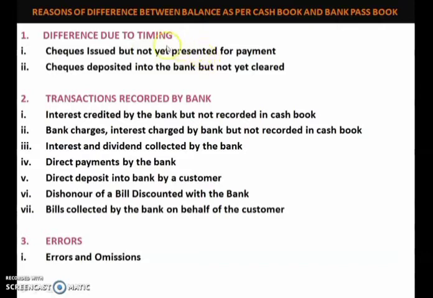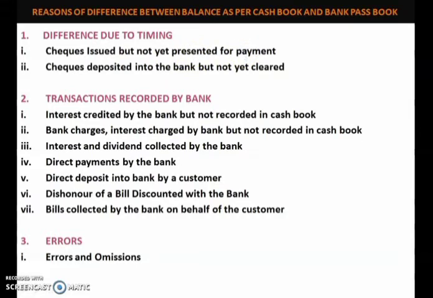So what happened? When we issued this check to a creditor, we have recorded the same in our cash book, stating in the payment side that we have issued a check to our creditor, but the creditor didn't go to the bank and present the check so that he will get the payment.